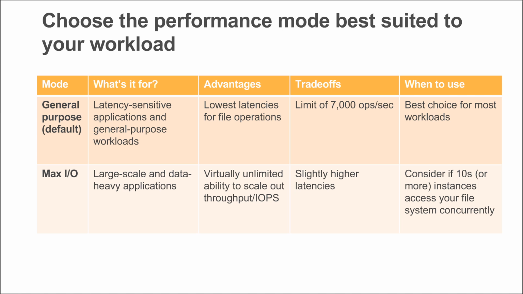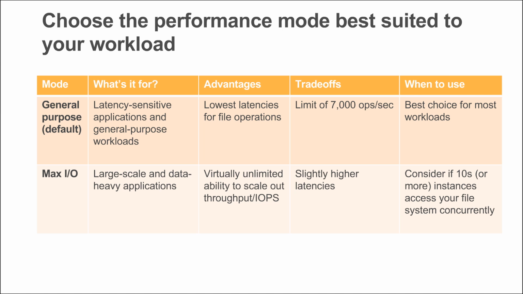And to support this broad spectrum of workloads, EFS offers 2 different performance modes. Most customers are best served by what we call the general purpose performance mode, and that's in fact the default mode for EFS. And that's appropriate for most applications, including web serving, content management, software build systems, home directories, and just general purpose file workloads.